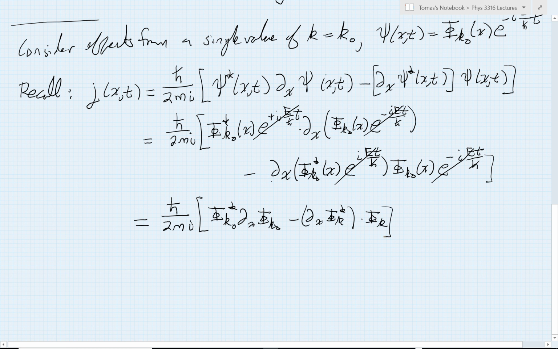So the general expression works just as well if I put a time-dependent state or the time-independent solution. In this special case, of course, that I have just one type of energy oscillation involved. Now, that's very useful. So I can really just look at my time-independent solutions to determine my currents.